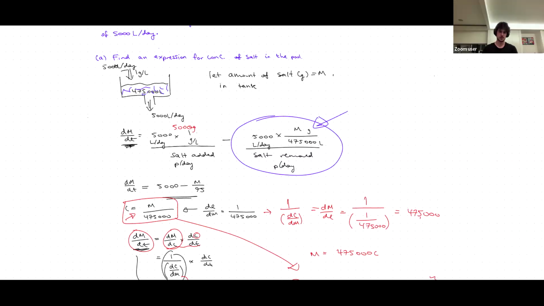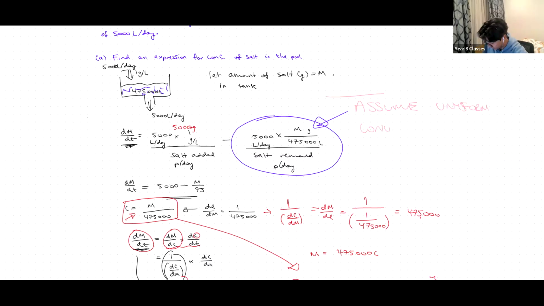Yeah, I see your point. So the end thing is we assume uniform concentration. So it doesn't matter which part of the water is flowing out. We assume all of it to have the same concentration.